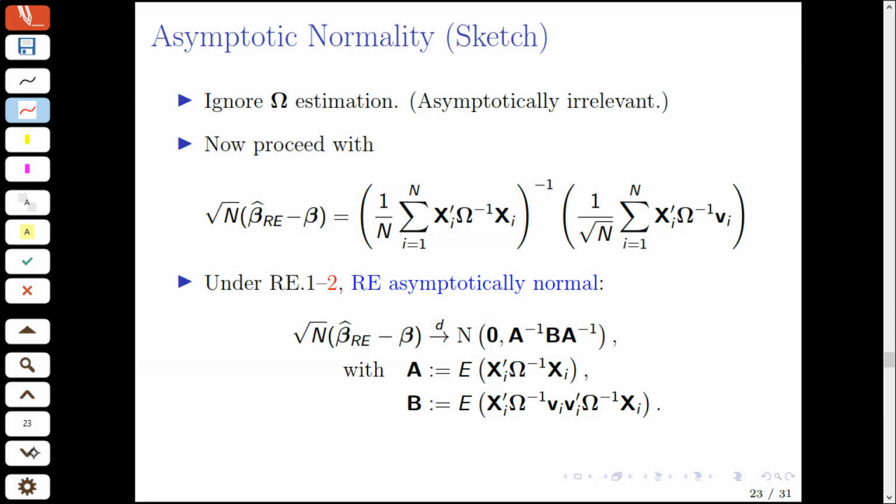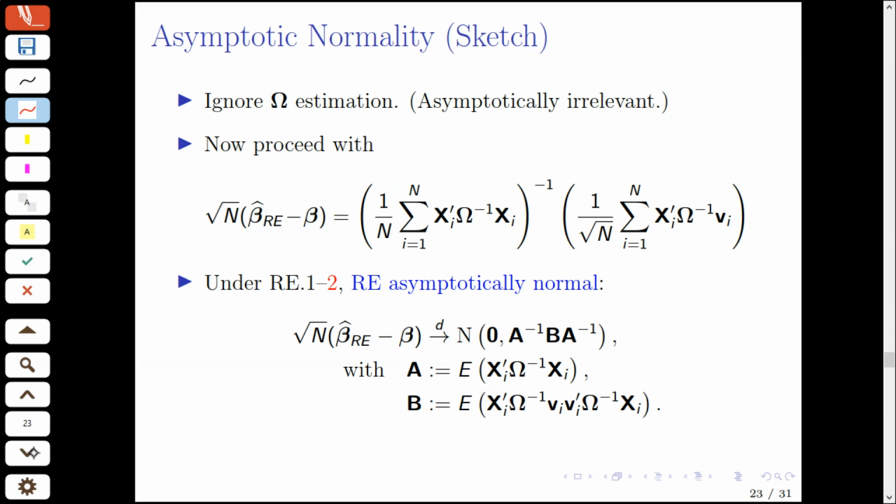Specifically, I'll completely ignore the estimation error in obtaining omega, which one may actually show to be asymptotically irrelevant. That is, we can ignore it for the purpose of calculation. Of course, it may not be irrelevant in practice that we've estimated omega.